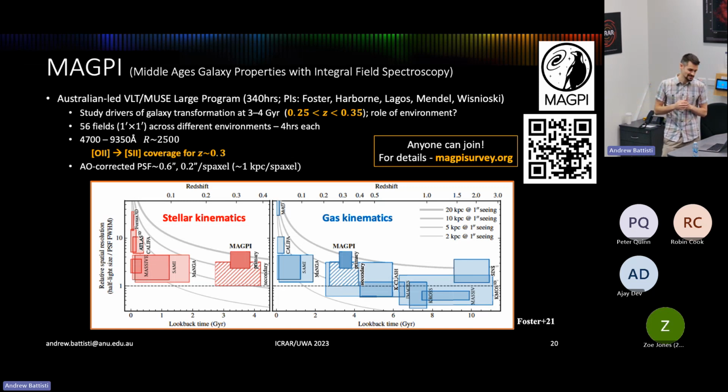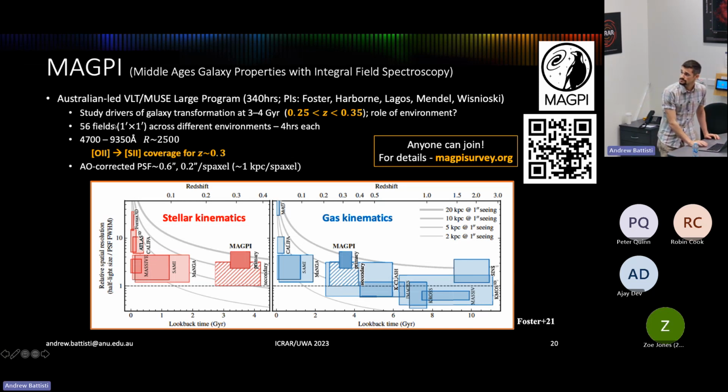The goal of the survey is to study the drivers of galaxy transformation at a redshift of 0.3, which corresponds to 3 to 4 gigayears ago. In particular, the goal is to study galaxies across a range of environments to understand how much environment is affecting that transformation.